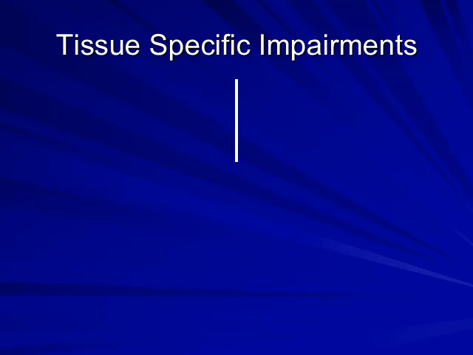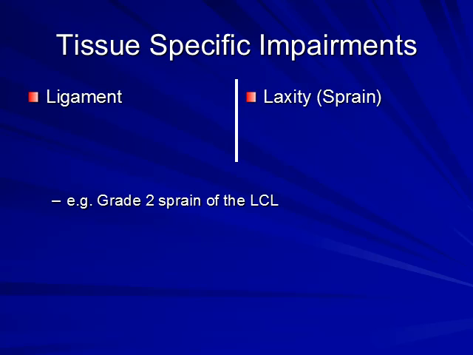Okay, let's continue talking about TSIs. So let's talk about a ligament. Ligament, again, is a tissue, and impairments that can occur would be something like laxity or maybe an adhesion of the ligament. So a tissue-specific impairment, let's say, of laxity would be like a tear. So a TSI for this could be an ATFL grade 2 tear.